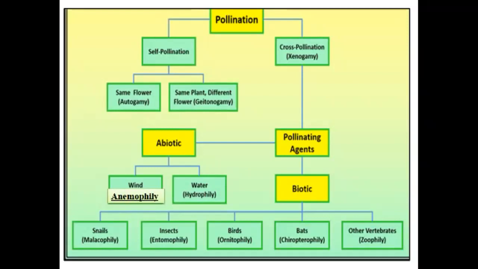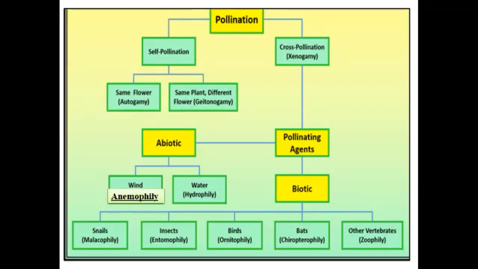In self-pollination, only one plant is involved or only one flower is involved. In cross-pollination, pollen grains are transferred from one flower to another flower which is located on another plant body of the same or a different species.